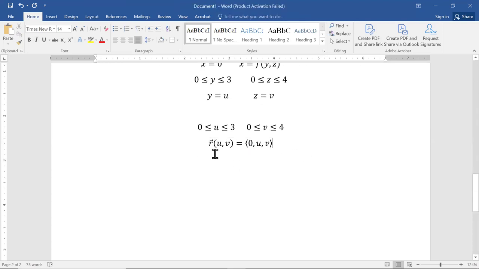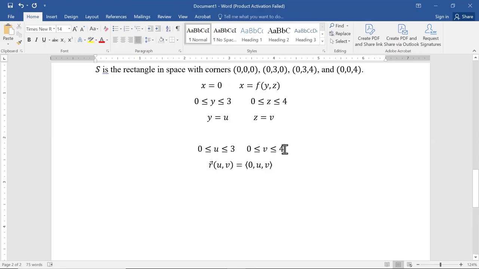So this vector valued function, along with these numerical bounds, or in other words, this vector valued function on this domain, gives a parameterization of that rectangle whose corners are 0, 0, 0, 0, 3, 0, 0, 3, 4, and 0, 0, 4.